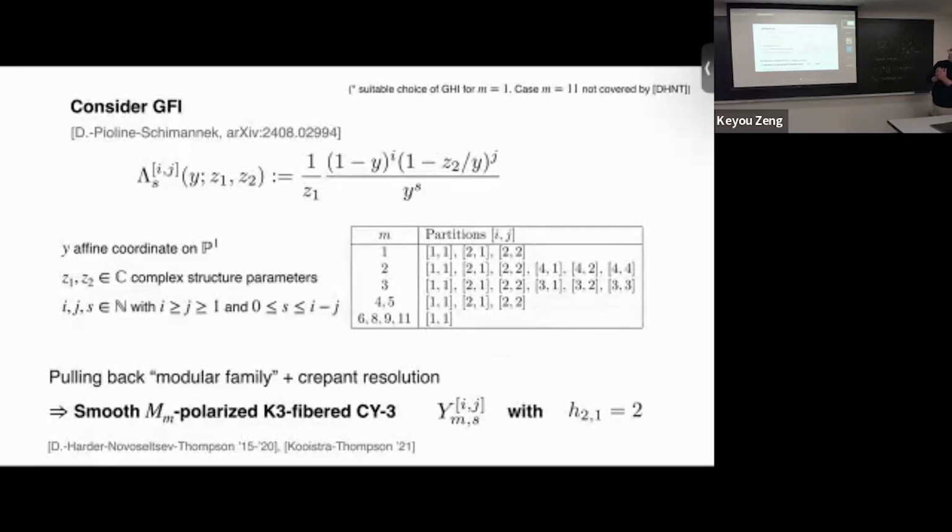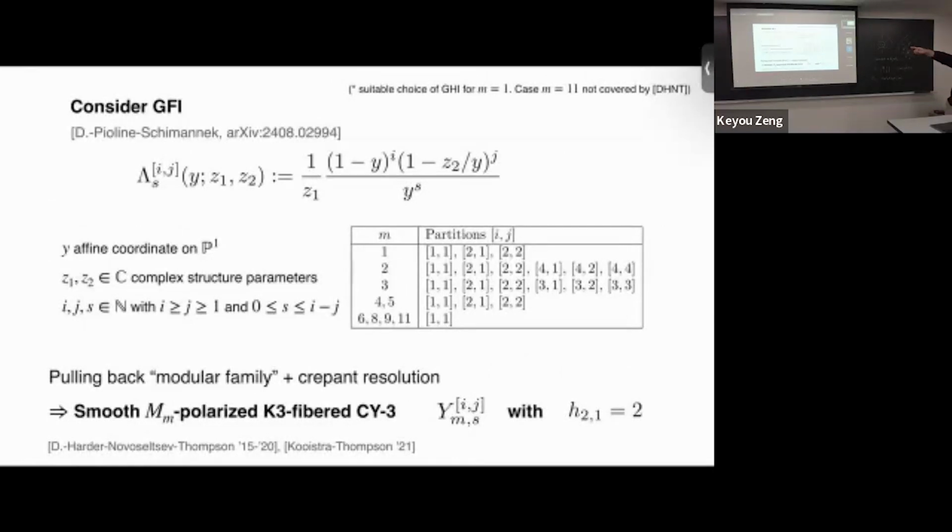Okay. For the purposes of this application, we want to specialize further because my physics collaborators wanted H11 equal to 2 Calabi-Yaus on the mirror side. So we want H21 equal to 2 Calabi-Yau threefolds on this side. And for that, you just specialize my construction with Novoselicev and Harder and Thompson to that case.